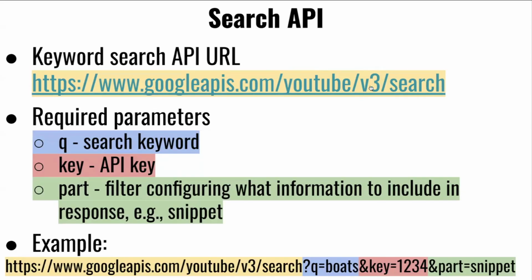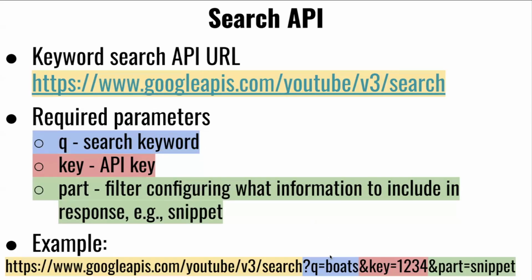We saw that we had versions 1 and 3 selected. Here we're using version 3, and then search. So that's the URL, and then you can add various query parameters at the end of the URL, where you can provide what you want to search. Presumably this is a search term that you might have typed in an input field.